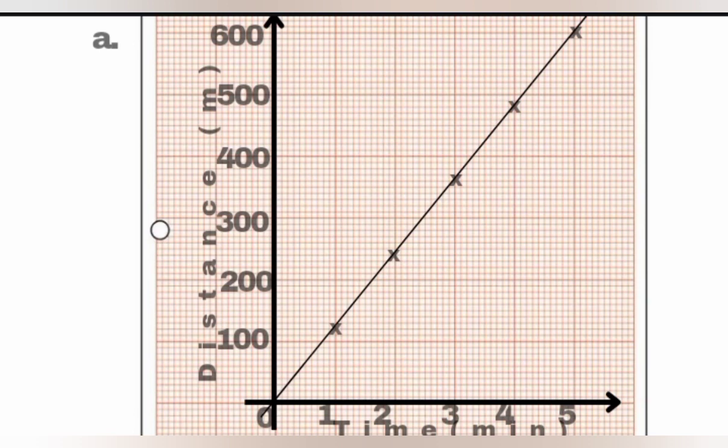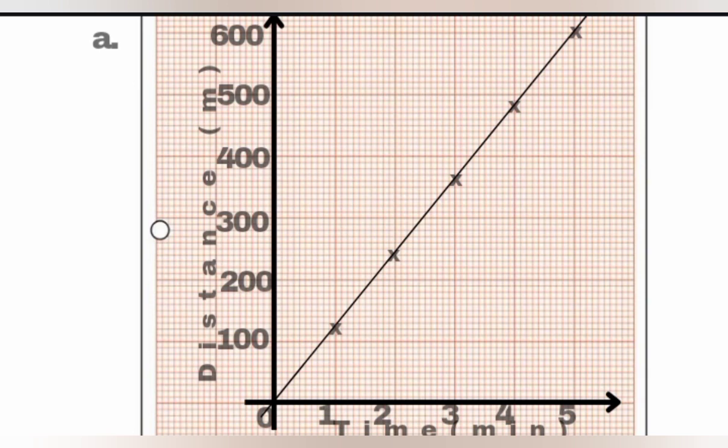Now remember I told you that on the x-axis, one large box represents 1 unit, but one small box will represent 1/10 minutes. So if we are saying 2.6 minutes, it means that from the thick line where you have 2 minutes, you count 6 small boxes.